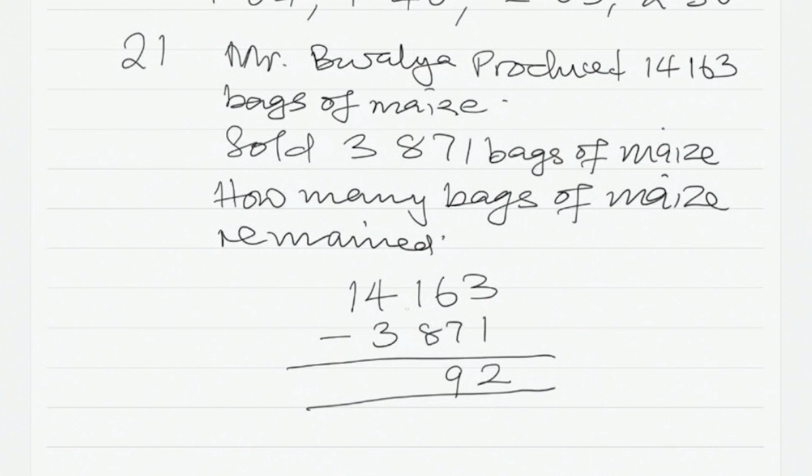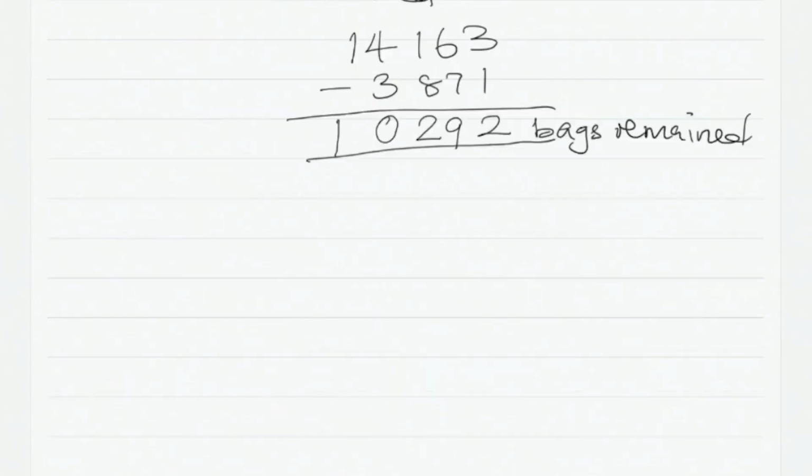Here we remain with nothing, that is 0. So we get 1 from 4, put it there. Here we remain with 3, so it will give us 10 take away 8, that will give us 2. Here we remained with 3, so 3 take away 3, it is 0. Then 1 remains alone like that. So our answer is going to be 10,292 bags remained. That is our answer to number 21.